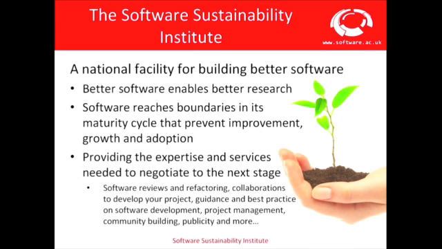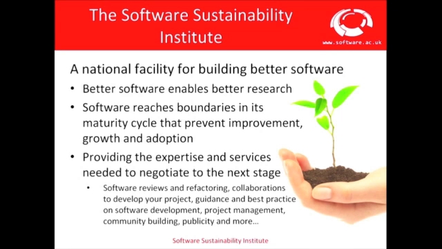So what we're trying to do is understand how we can build better software, because we believe that better software enables better research. The other thing that we believe is that as you move on through the software development cycle, you hit different boundaries. So it might be a boundary when a PhD code gets picked up and used by other people in a group, or when you start collaborating with external organizations, or when you choose to try and make software available commercially or so on.